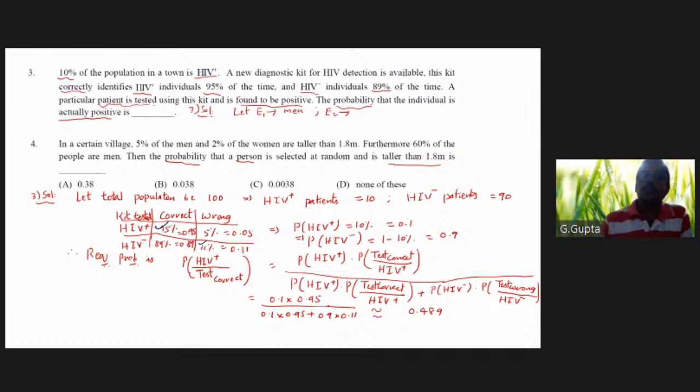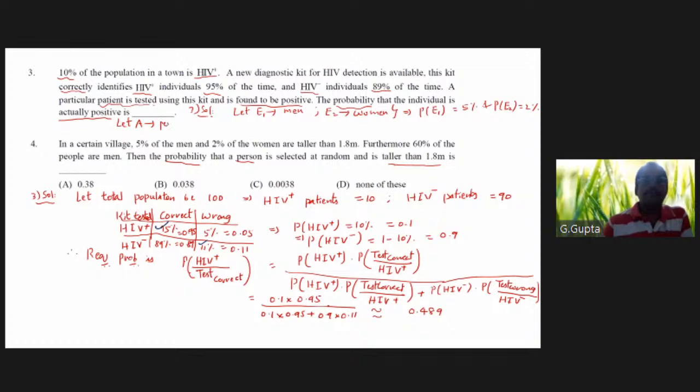E2, woman person. From the information given, P of E1 is 5%, and P of E2 is 2%.